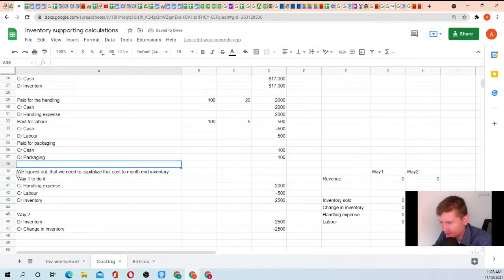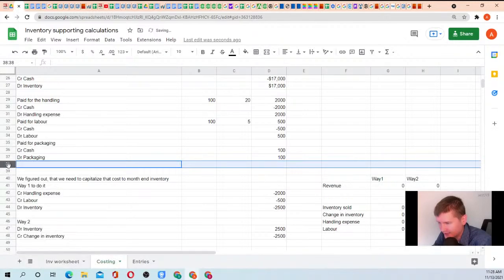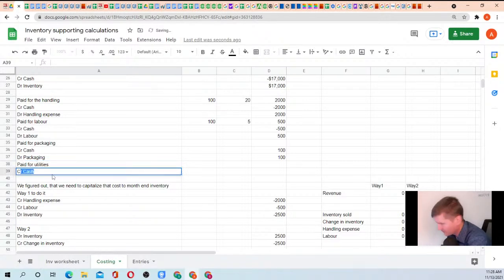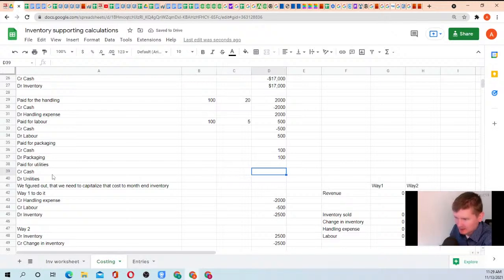Let's also pay for utilities like overheads. Okay, 300.